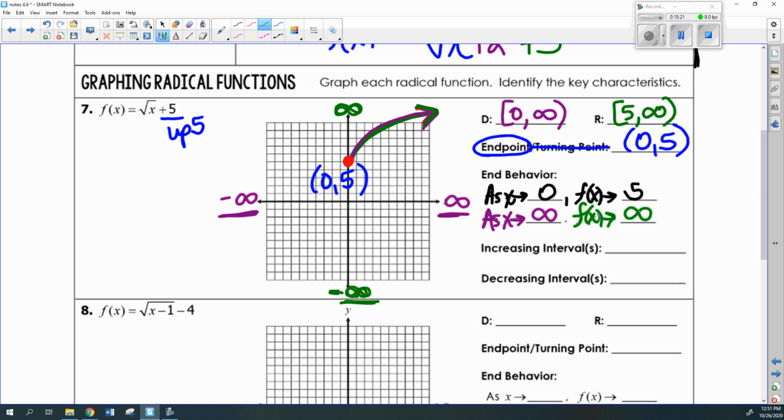But if you're writing everything out on your own paper, you need to actually write none next to that word. Don't skip it completely. Remember with increasing and decreasing, you're looking at x values. So you're reading the graph from left to right.